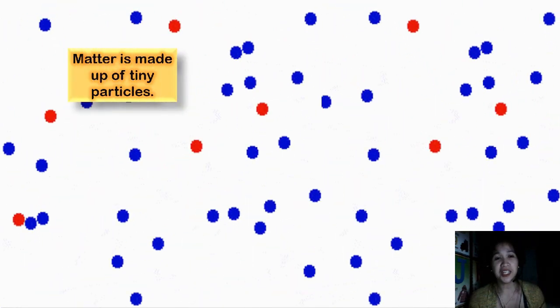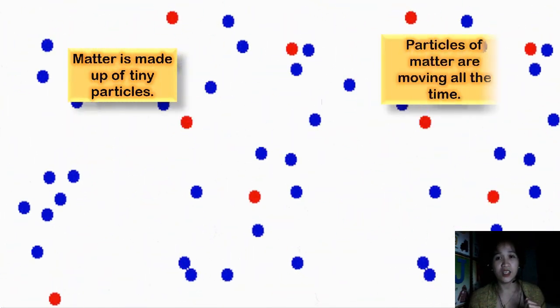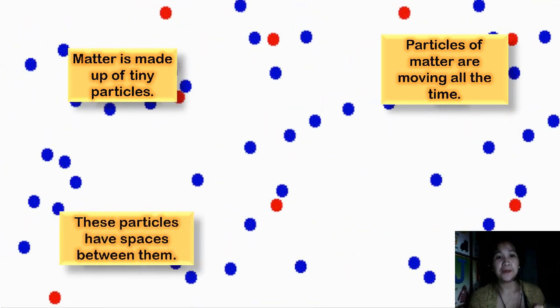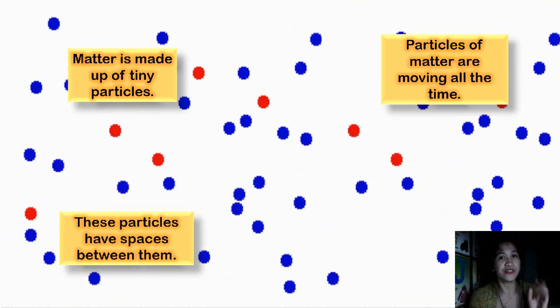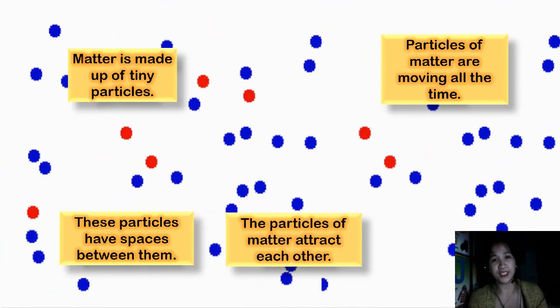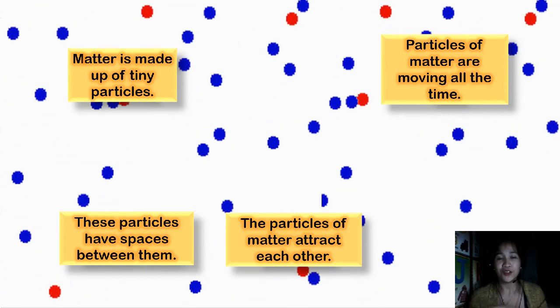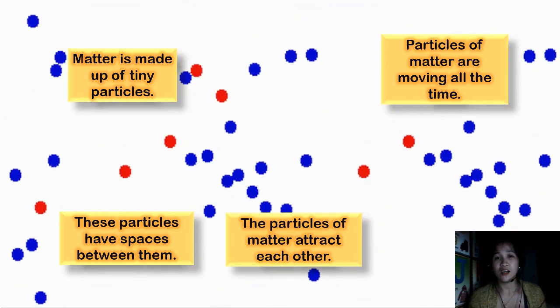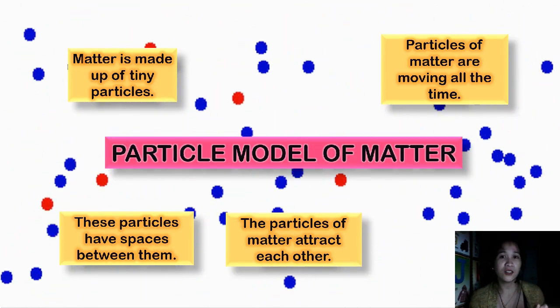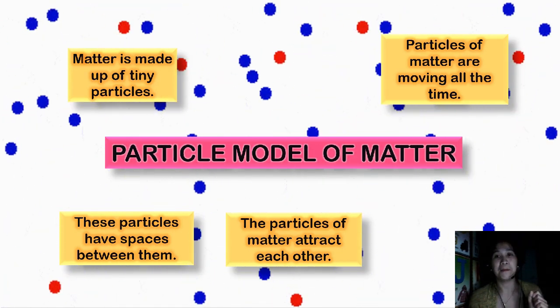So, matter is made up of tiny particles, and particles of matter are moving all the time, and these particles have spaces between them, and the particles of matter attract each other. These ideas are some of the features of what scientists call the particle model of matter.